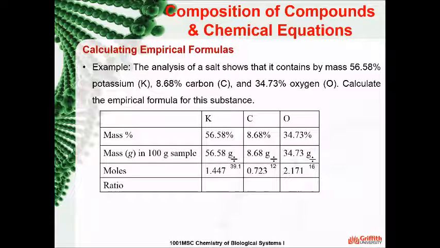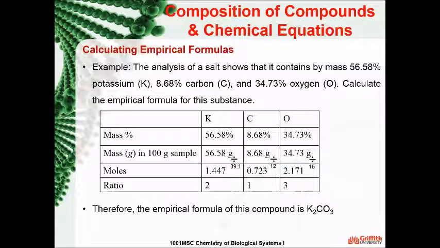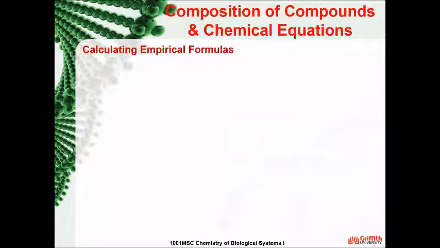So the ratio of the elements is 2 for potassium, 1 for carbon, and 3 for oxygen, which means there are 2 potassiums, 1 carbon, and 3 oxygens in the compound. Therefore, you can determine the empirical formula as K2CO3.